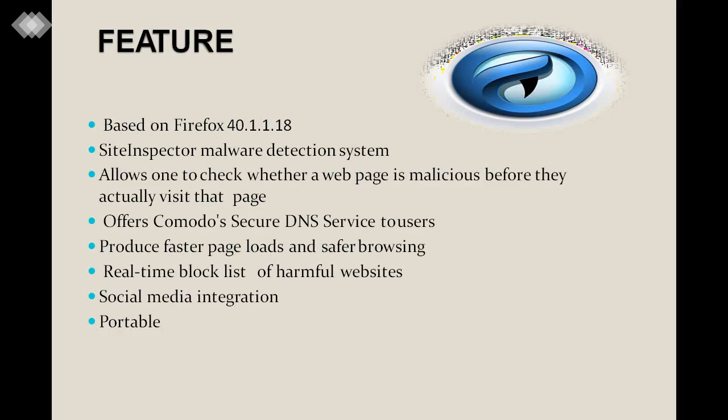It allows one to check whether a web page is malicious before they actually visit that page. It produces faster page loads and safe browsing. Real-time block list of harmful websites. It is portable, and has social media integration. These are some features of the web browser.